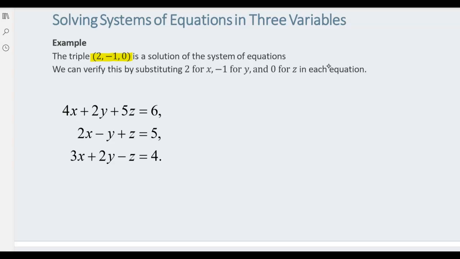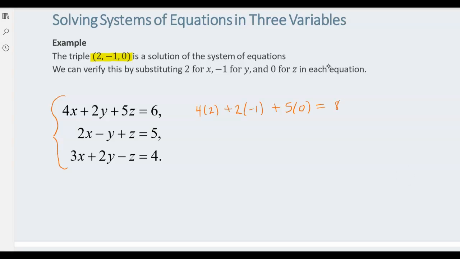If we want to verify that this is in fact a solution to this system of equations, we'll just plug each of those variables in to check each equation. And so I'm going to substitute 2 in for x, and negative 1 in for y, and 0 in for z. And we want to know what that equals.